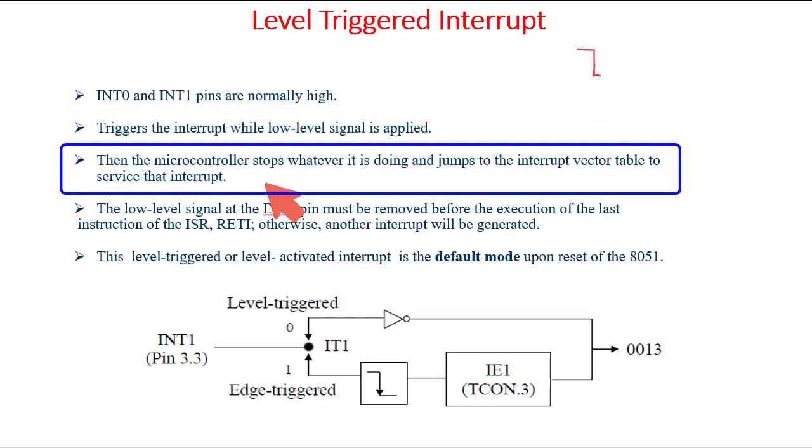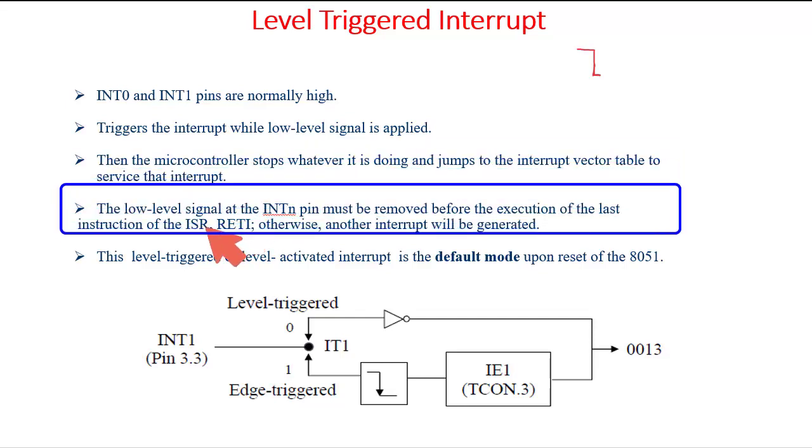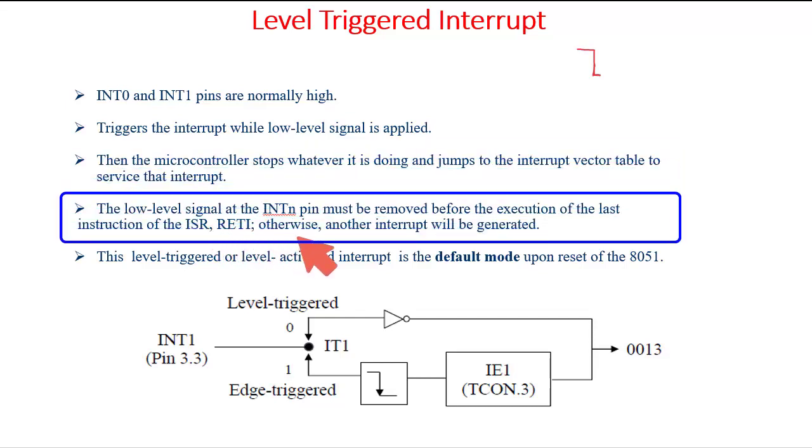Then the microcontroller stops whatever it is doing and jumps to the interrupt vector table to service that interrupt. This is the normal function. The low level signal at the INTn pin, meaning the INT1 or INT0 pin, must be removed before executing the last instruction of the ISR, RETI, otherwise another interrupt will be generated.